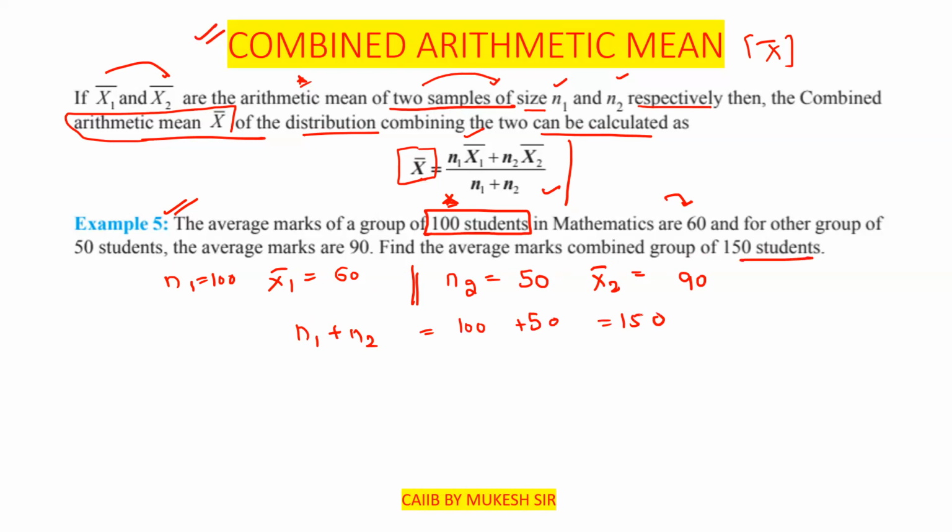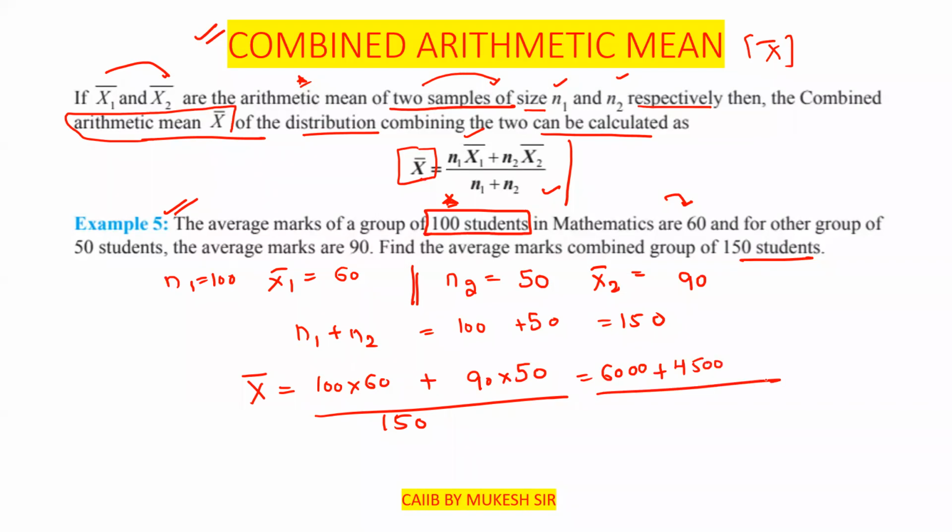Now we have to calculate the combined arithmetic mean, x bar, equal to n1 x1 bar plus n2 x2 bar upon n1 plus n2, that is 100 into 60 plus 90 into 50 upon 150. 60 into 100 is 6000, and 90 into 50 is 4500, upon 150.